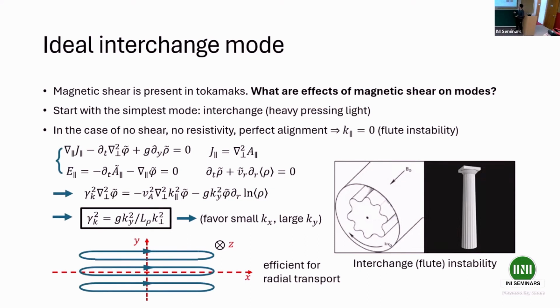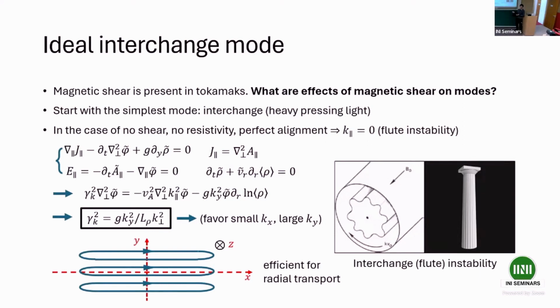In the case of no shear and no resistivity, the plasma tends to perfectly align with the field line, which means K parallel is equal to 0. As shown in this picture, the plasma mode is invariant along the main field line, which looks like the fluting in ancient Greek buildings. So it gets another name, flute instability.